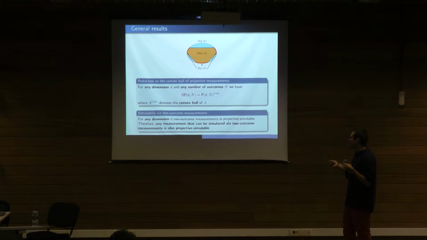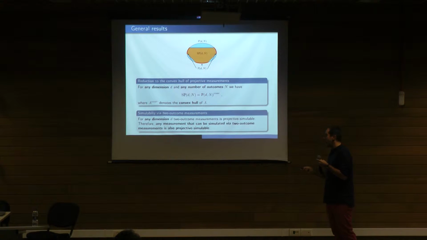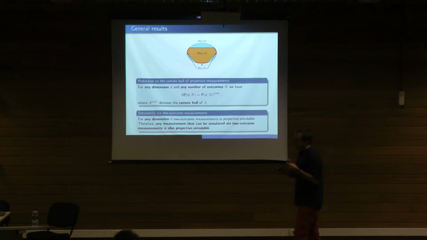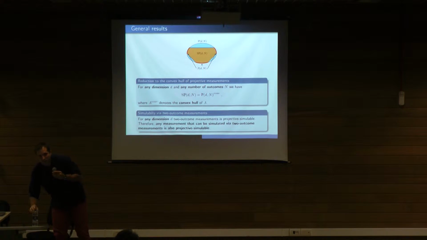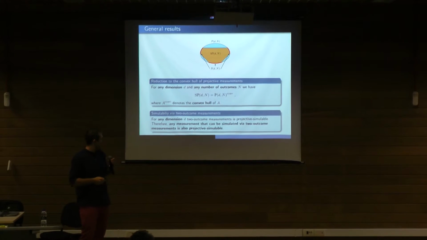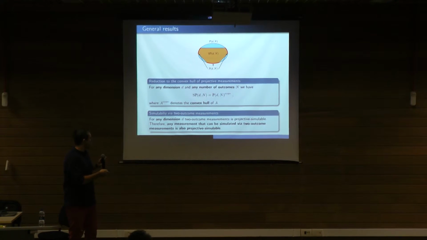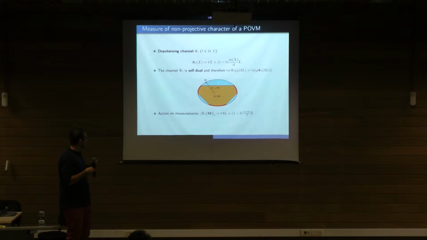This is one relevant thing. Another thing is that for any dimension, dichotomic measurements turn out to be simulated by projective measurements, and therefore all measurements that can be simulated by two-outcome measurements are themselves projective simulable. But in general, we don't really know what the set looks like.